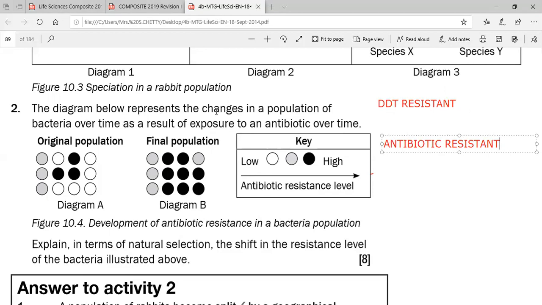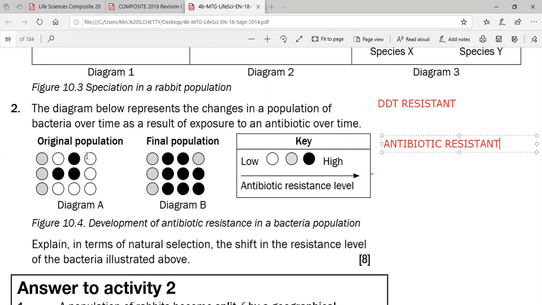The diagram below represents the changes in the population of bacteria over time as a result of exposure to an antibiotic. Original population, there's a key: low resistance, medium resistance, high resistance. So in the original population of bacteria, you had all three types of variation.